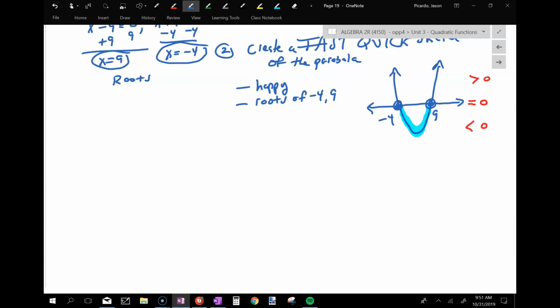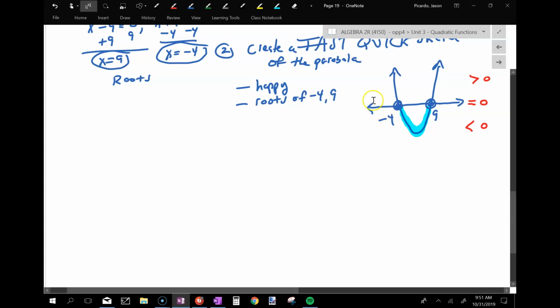All right, I'm going to use the words between or outside of. Are the answers to this graph between the roots or outside of the roots? Where's the shaded region? Between, right? So can everybody agree that the solutions begin at -4 and end at 9?